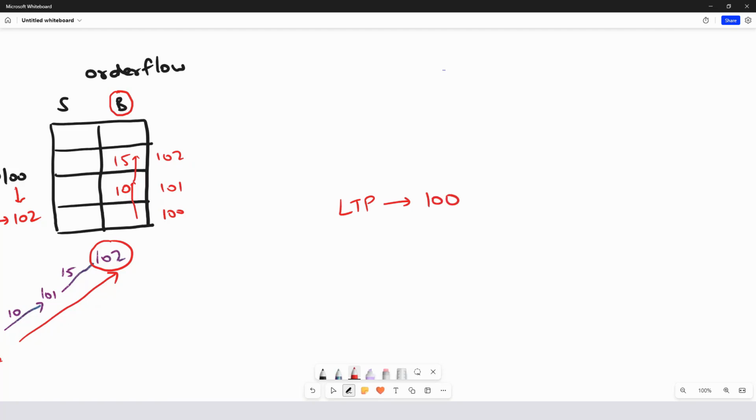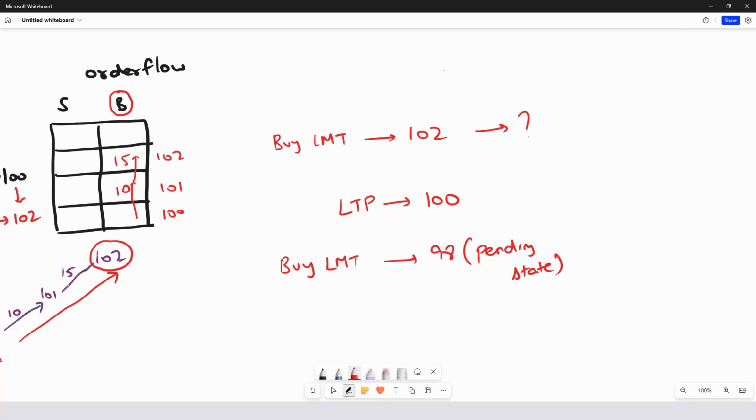If I am placing a buy limit order, let's say I'm placing at 98, it goes to a pending state. But if I am placing a buy limit order, let's say at 102, what do you think will happen?